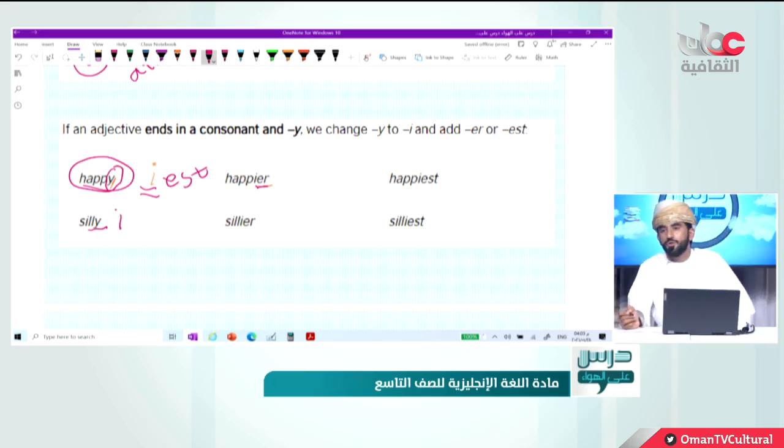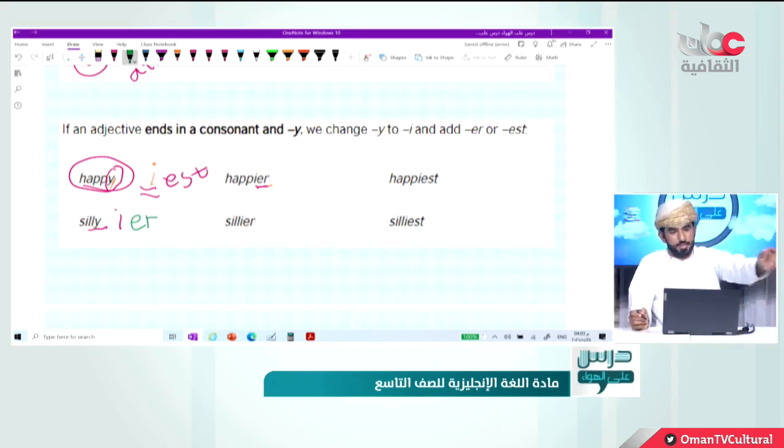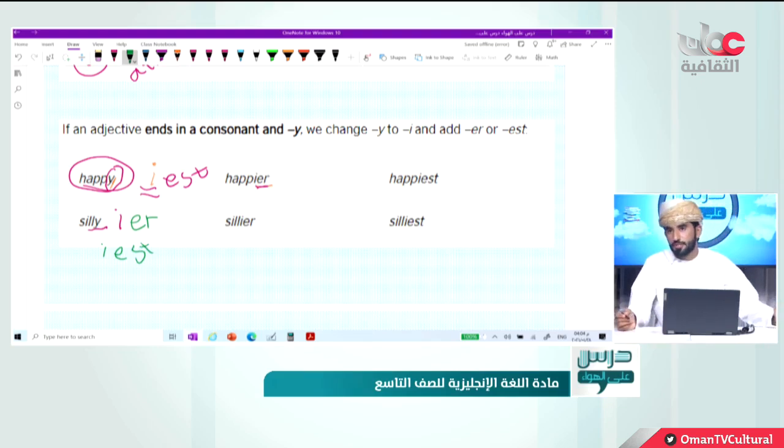And then what should we do? We add ER, very good. What about the superlative, Group C and B? Exactly, yes. Again, teacher, the same. Replace the Y with I, and then EST, very good. Have you got it?